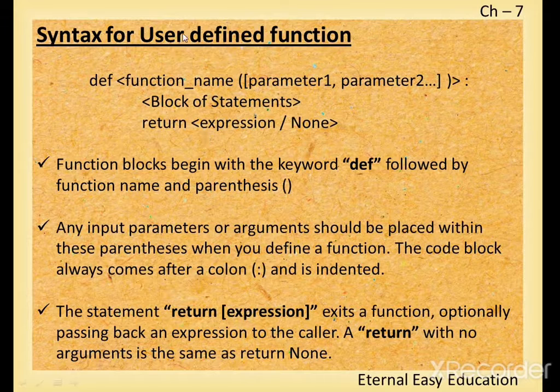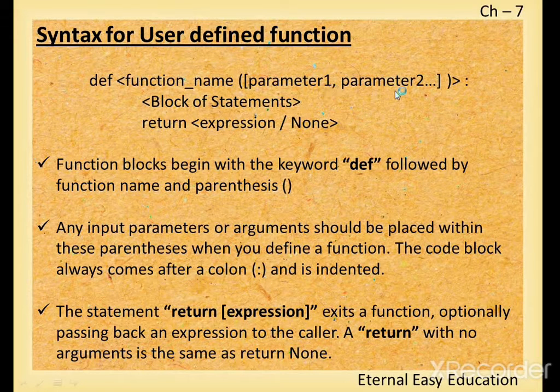Here, they are given the syntax to define a function. How to define a function? That means user-defined function. We are going to create our own function like the print function. First, we have to start with the keyword def, that is definition, followed by the function name.